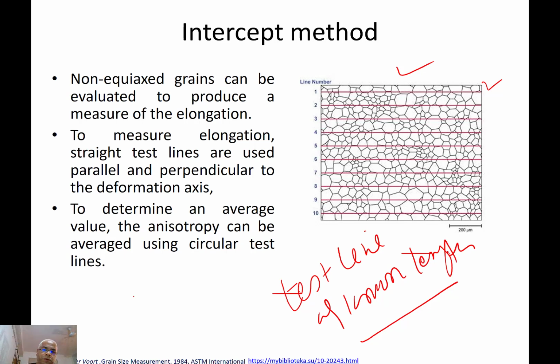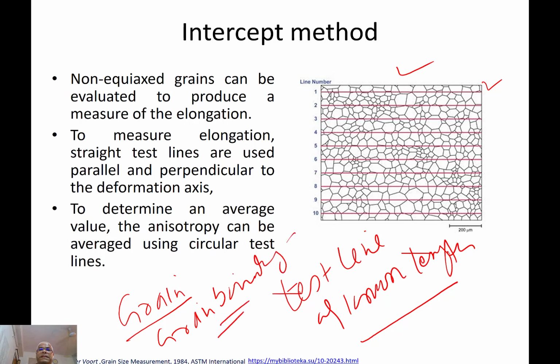We can use either the number of grain interceptions or the grain boundary interceptions, and this method is particularly used to measure anisotropy.